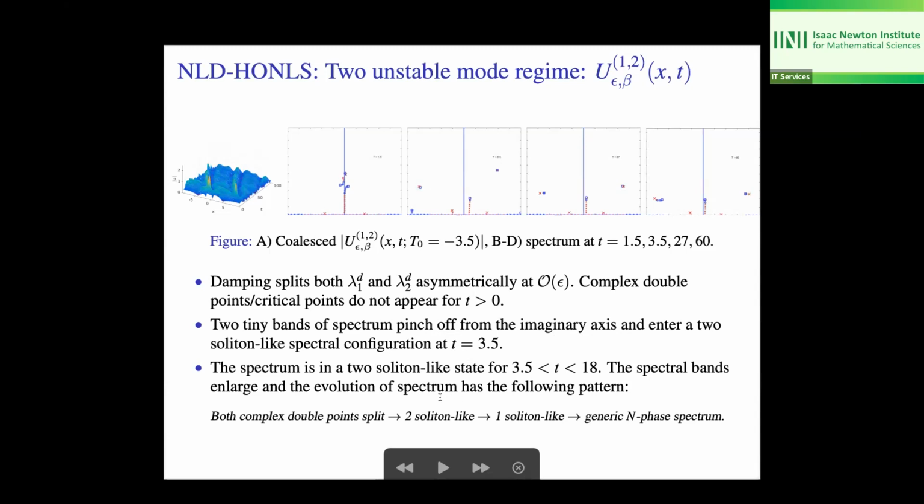And the spectral bands then enlarge, and the spectrum has the following pattern: you have both complex double point splitting and going to a two soliton-like state, then a one soliton-like state, and then you have this generic in-phase spectrum. After this, the fourth plot here is at t equals 27, and so you can see you only have the one small band of spectrum. The other band has enlarged, and then eventually they both enlarge, and you have that generic in-phase state.